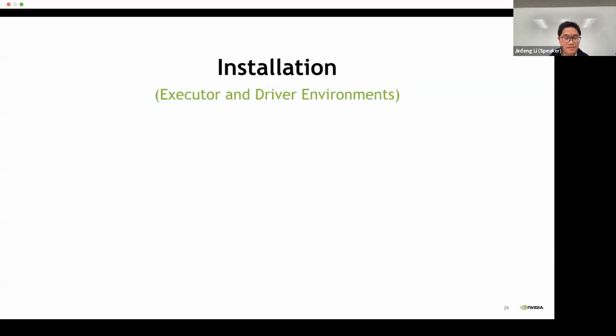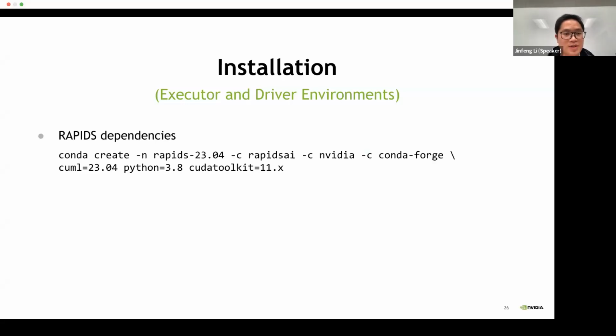Next I'm going to present how to use Spark RAPIDS ML. This slide shows how to install it. We have dependencies on RAPIDS ML, so the user needs to install the RAPIDS dependencies.